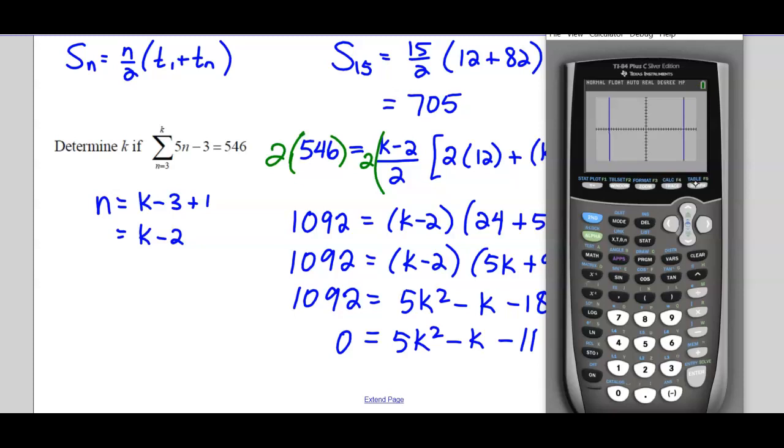Okay, so I see two x-intercepts. Actually, I'm going to graph y equals 0. That's a little easier. Second trace intercept. Okay, negative 14.8.